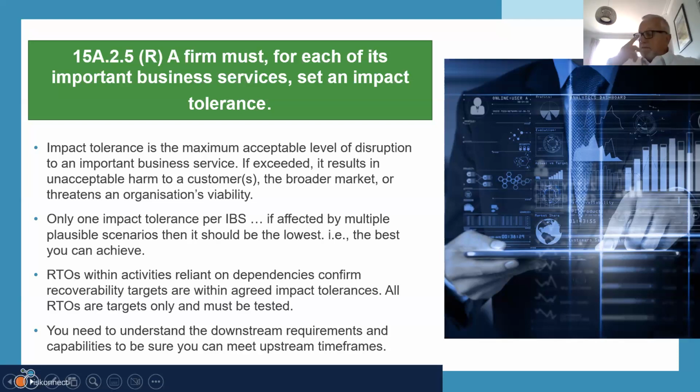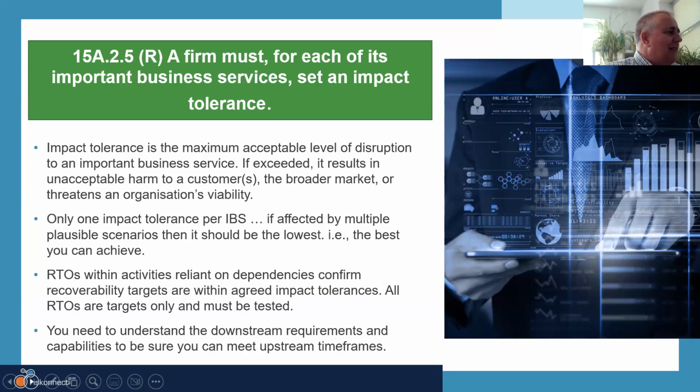Yeah, and when you're setting the impact tolerance, it's not a competition. It's not trying to get as low an impact tolerance as possible. Think about at what cost you would need to go to have a reasonable impact tolerance for your important business systems.